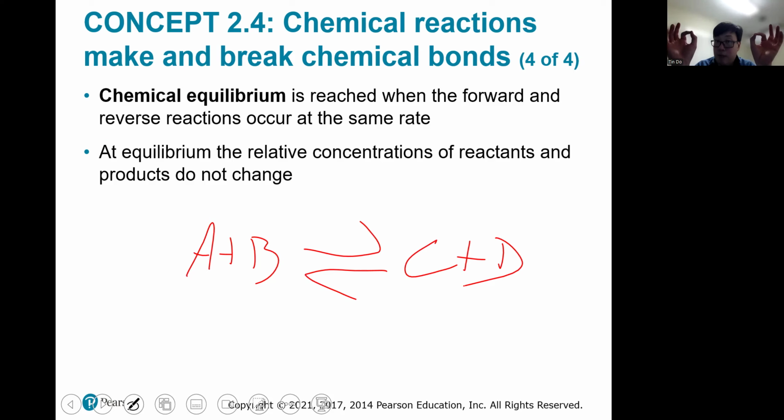An equilibrium reaction means that they are occurring simultaneously at the same time. So A plus B making C plus D and C plus D going back to A plus B is occurring at the exact same time. Okay. It's just once forward and once reverse at the same rate.